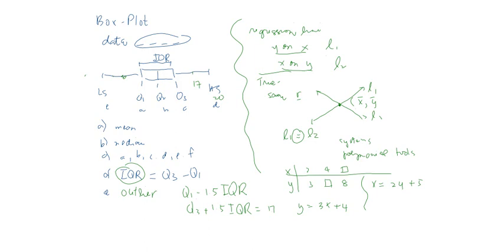So if the missing here is y, then you shall use y equals 3 times 4 plus 4. And let's say your missing here is x.